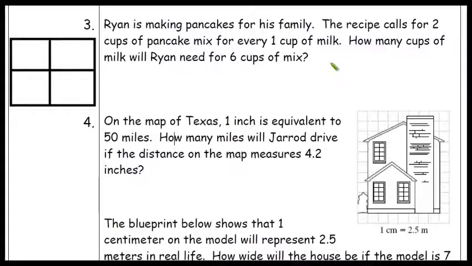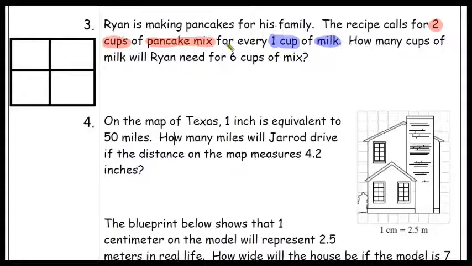Okay, in this case, it says the recipe calls for 2 cups. So that's the first thing that we need to see, cups of pancake mix for every 1 cup of milk. So we can't say cups and cups. We're gonna have to say cups of pancake mix for 1 cup of milk. In this case, they're both the same, cup and cup.